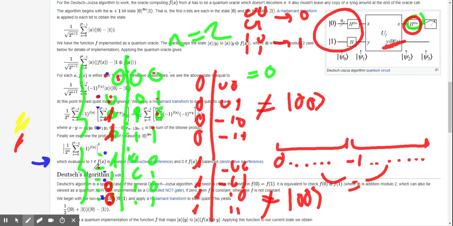It just confused me in two ways. One is the way this was phrased. I read this too fast, and obviously I thought that you would output a 1 if it's constant, and no, what you output is that the probability of seeing 0 in your outcome is 1. So you always measure 0 0 0. That was my mistake. That was my misunderstanding.